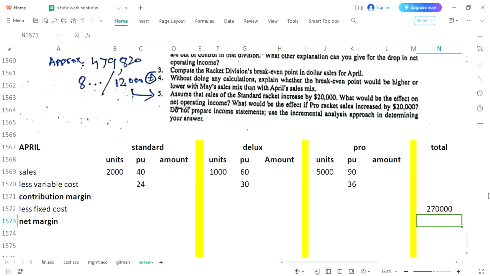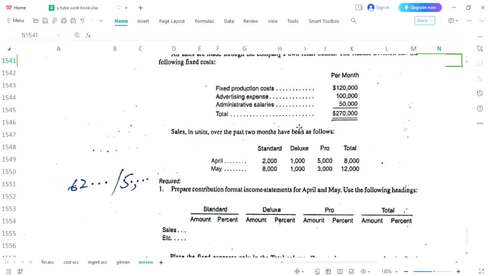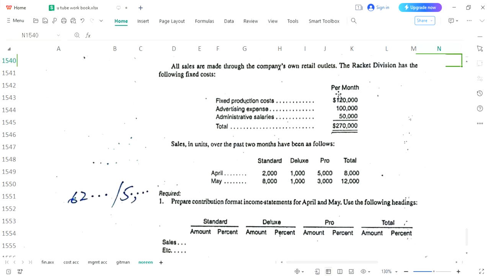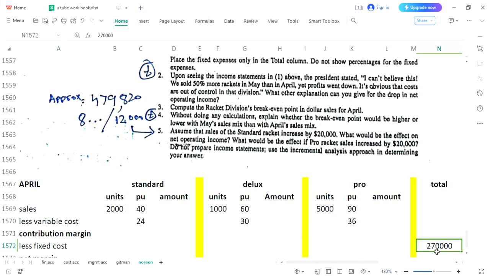Fixed cost is also been written over here, and you can see that fixed cost is fixed for both months. You will have to see that this is per month. That means if we are making for April, this would be 270,000, which is written over here, and in May it would also be 270,000.